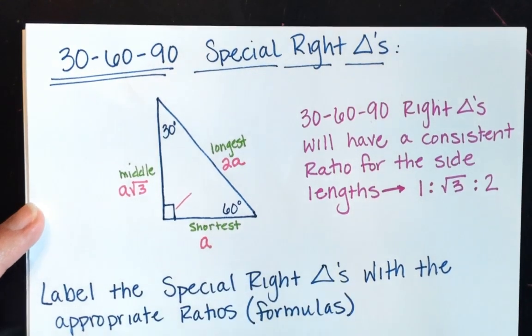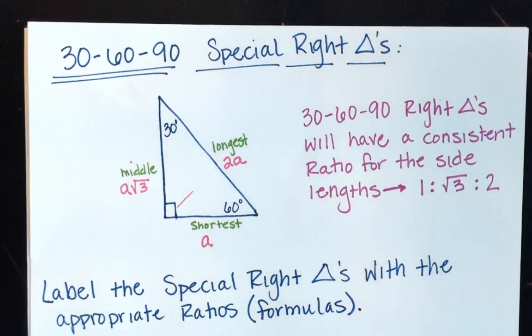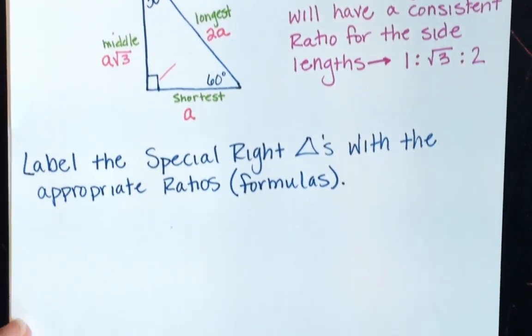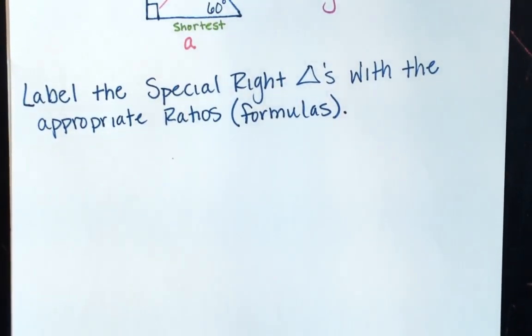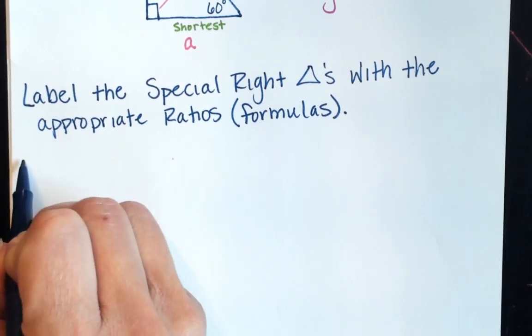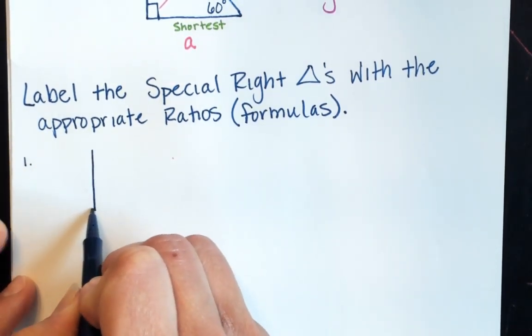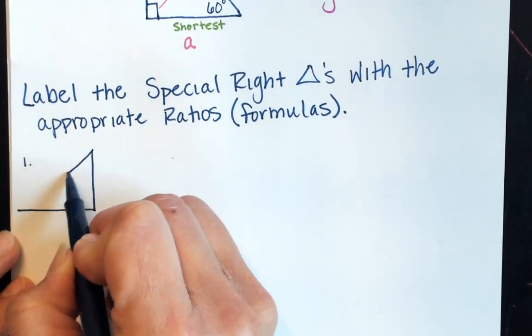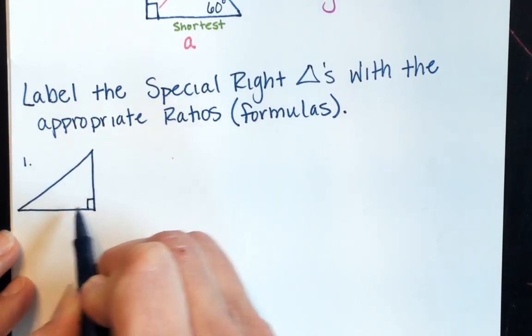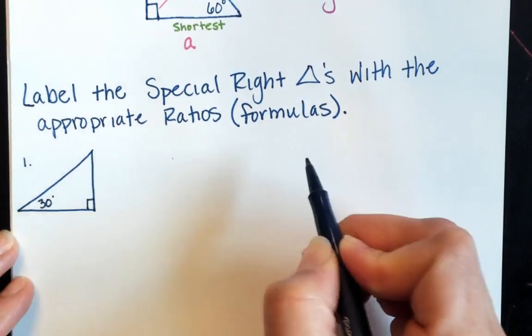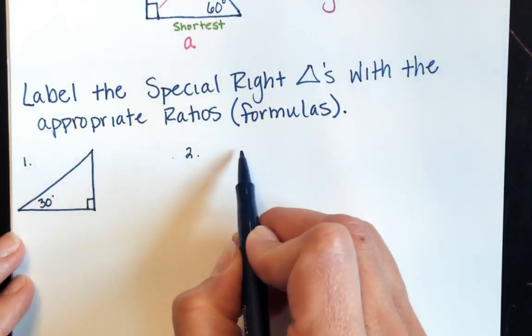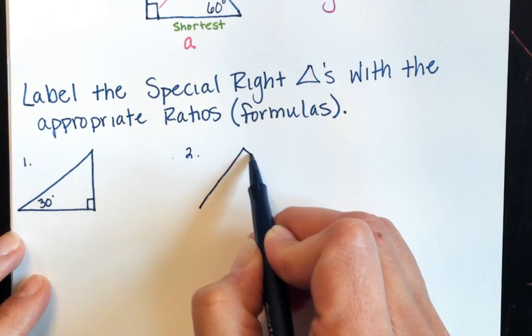All right, so the first thing that I want to do is have us practice looking for opposites. So here's our first right triangle. Here's going to be our second.